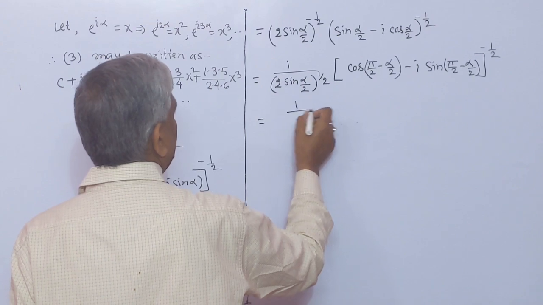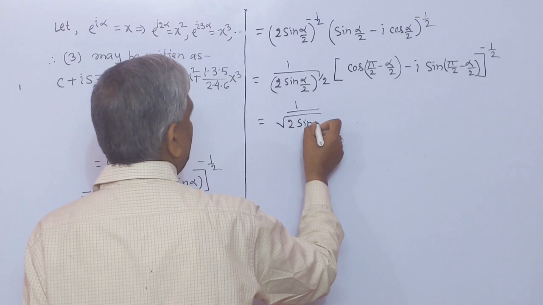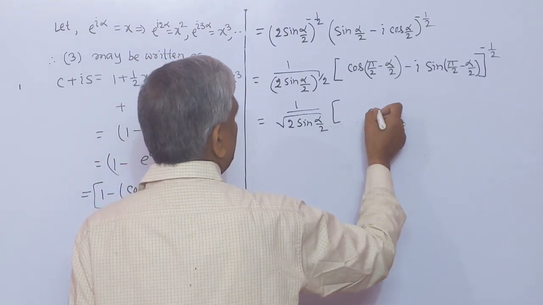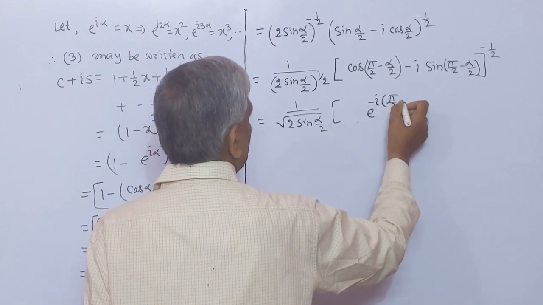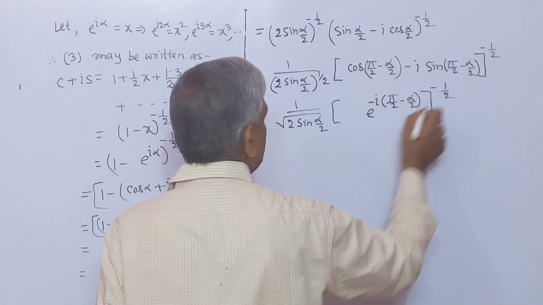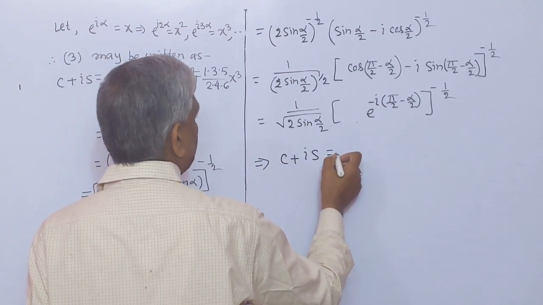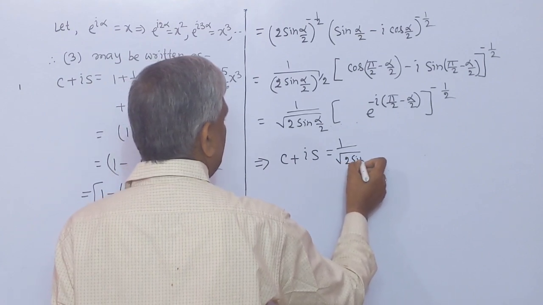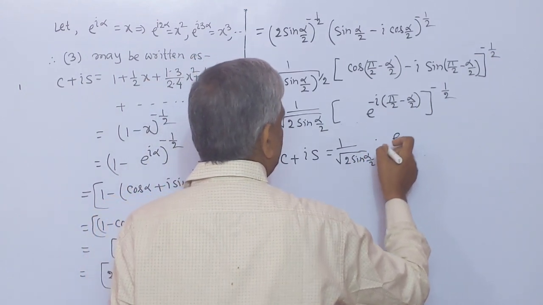This is equal to 1 by square root 2 sin alpha by 2, and we may write this e to the power minus i pi by 2 minus alpha by 2 to the power minus half, implies that C plus iS equal to 1 by square root 2 sin alpha by 2, and this is e to the power.